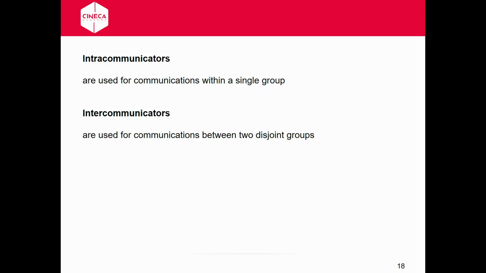At the same time, if you have two different communicators and you want to pass some information, for example one piece of data from one communicator to another one, you can use another command to pass the information between the two communicators.